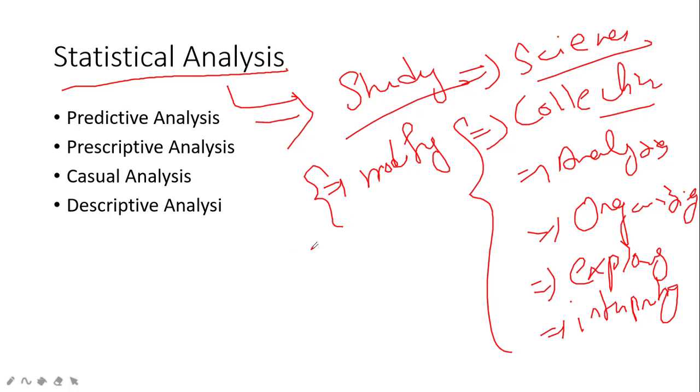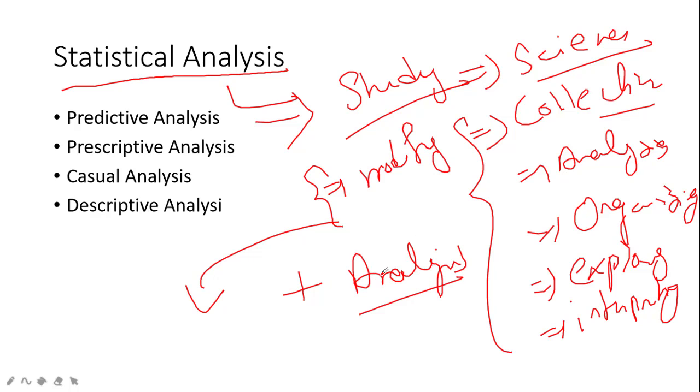When you add this concept plus your analysis, going to analyze all the things, we call it statistical analysis, which means whenever we have things to be analyzed with the help of collecting the data, analyzing the data, organizing the data, exploring, interpreting and modifying the data, we call it statistical analysis.